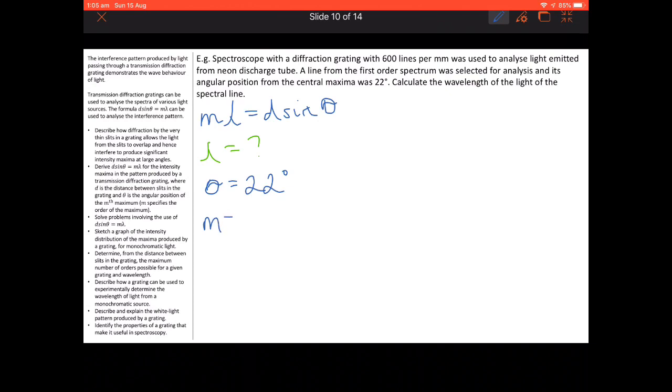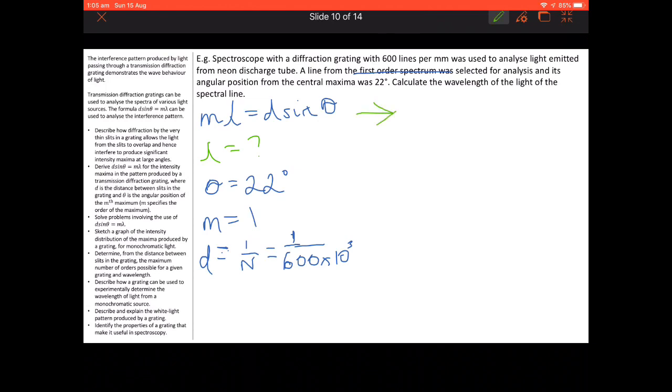We know that m must be equal to 1 if we're just talking about the first order spectrum, and we know that d is equal to 1 on n, which is 1 millimetre divided by 600 lines, or for metres it will be 1 metre divided by 600 by 10 to the 3 lines. So that's how many lines there must be in a metre if there's 600 in a millimetre.